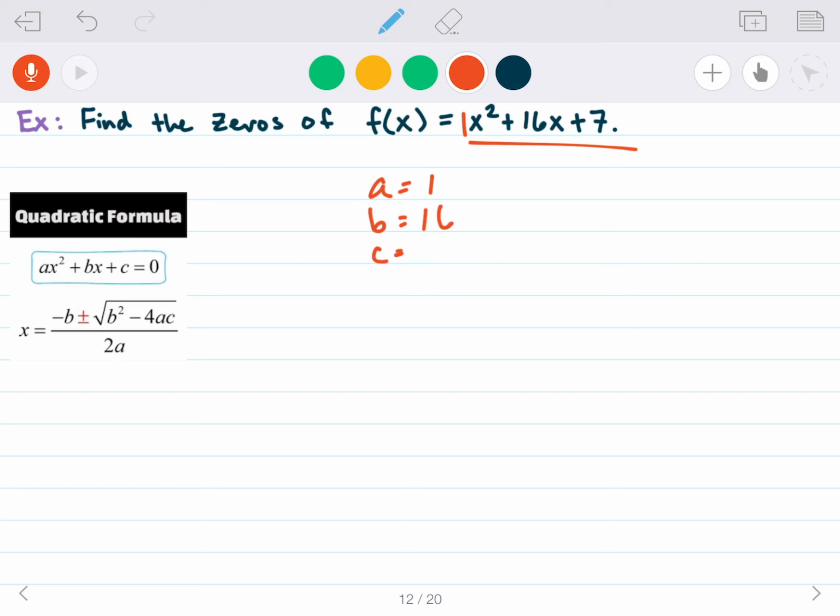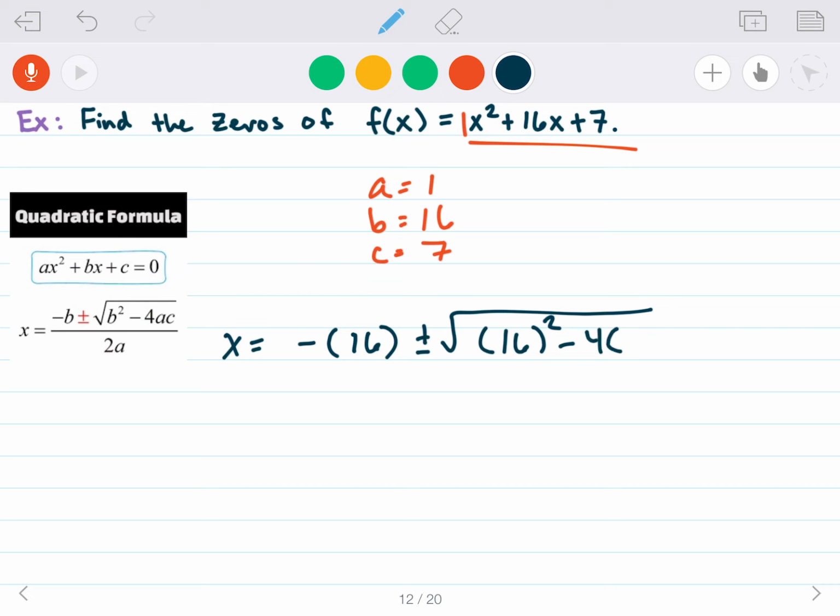B is 16, and C is 7. And let's just plug these into our handy-dandy formula here. So negative B, I'm inputting a 16. Negative B plus or minus square root, I'm inputting a 16 again. Squared minus 4 times 1 times 7 all over 2 times 1.